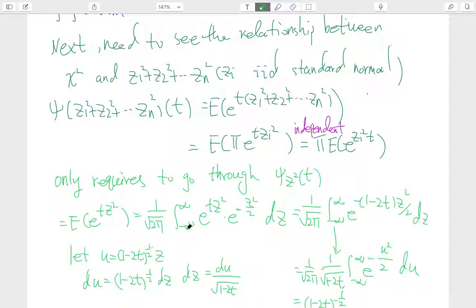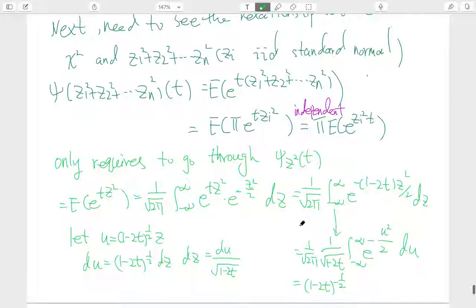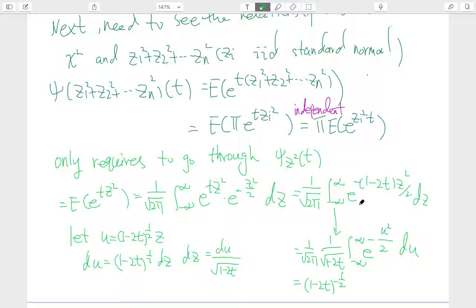You just take the integral of the probability density function of a standard normal, and then multiply with Euler to the tz squared. Put all this inside an integral, and then you just add up the similar terms like that.